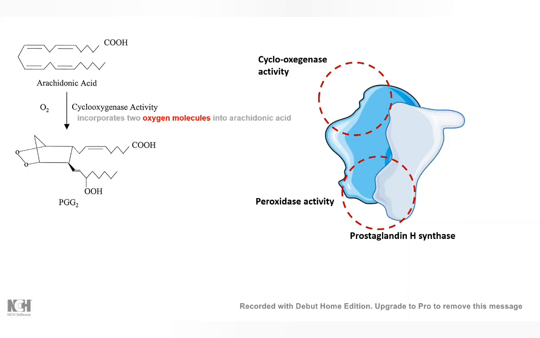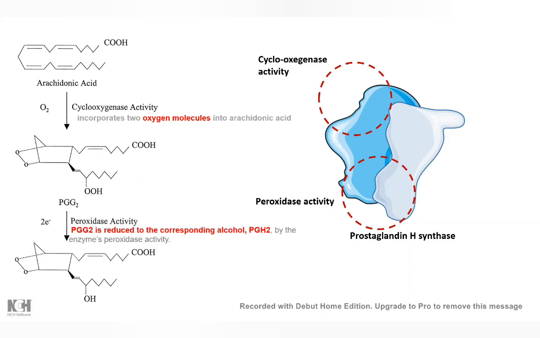That's the first step. After that, PGG2 is reduced to the corresponding alcohol, which is PGH2, by the peroxidase activity of prostaglandin H synthase. So prostaglandin H synthase is a key molecule in the biosynthesis pathway of prostaglandin.